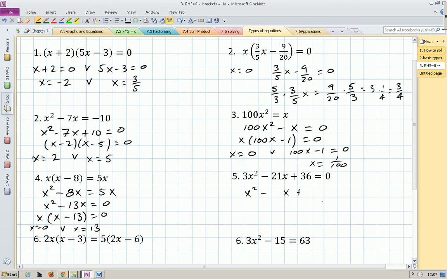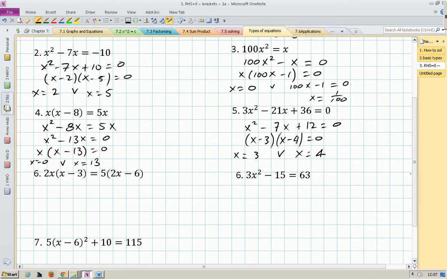So what you can do is then we've got x squared, minus 7x, plus 12 is equal to 0. This is a type 3 equation. We can factor it into x minus 3 times x minus 4 equal to 0. And that will give me, in the end, x equals 3 or x equals 4.